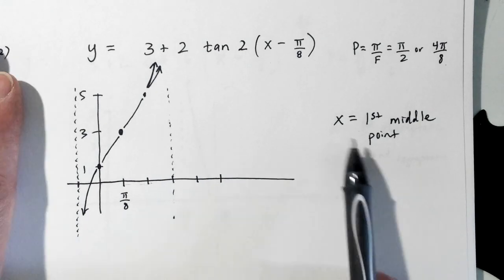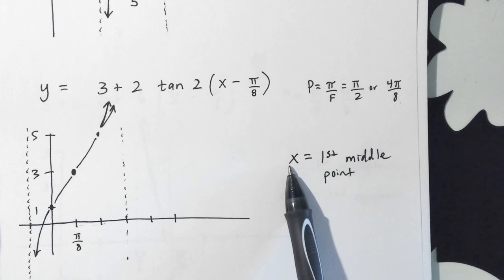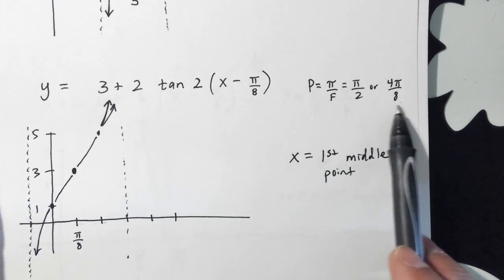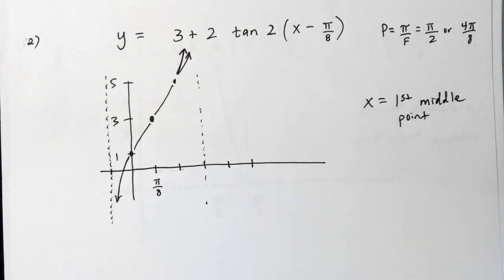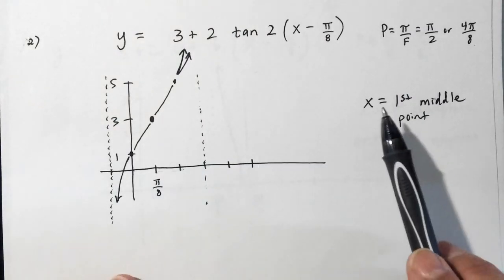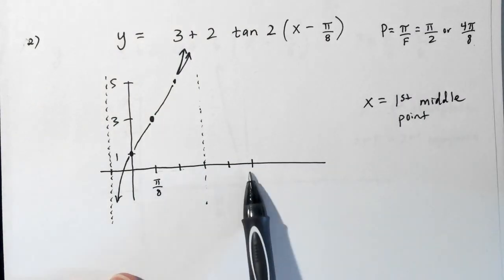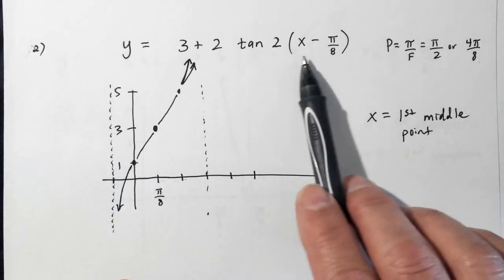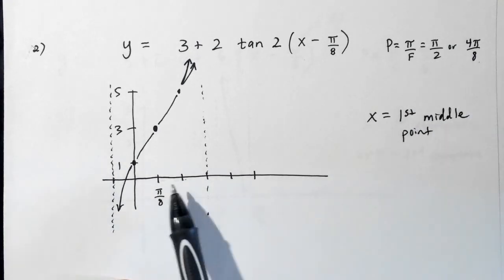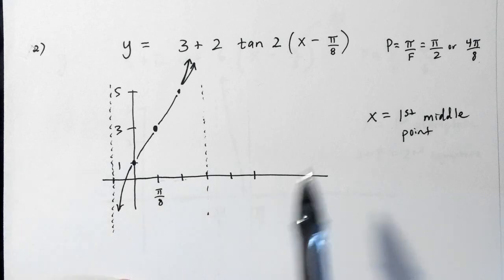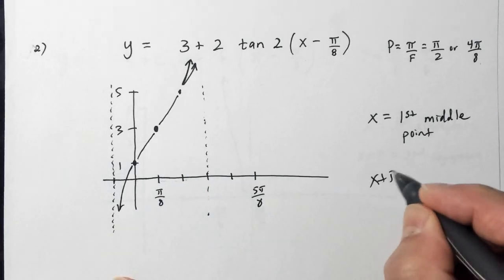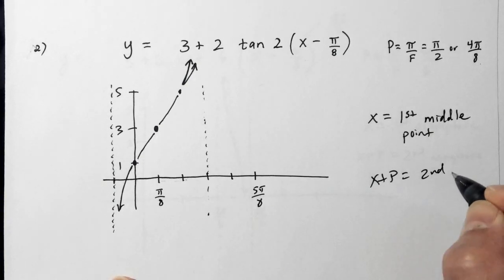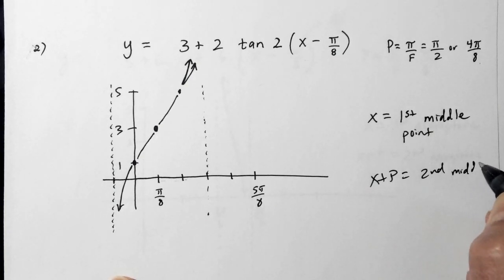And so you're going to have to split the period in half and go half to the left, half to the right to create your asymptotes. There you go. If you were to add this plus this, it would tell you what is that? So 1/8 plus 4/8 is 5/8. So 1/8, 2/8, 3/8, 4/8, 5/8. 5/8 right here. So x plus p would tell you the second middle point.